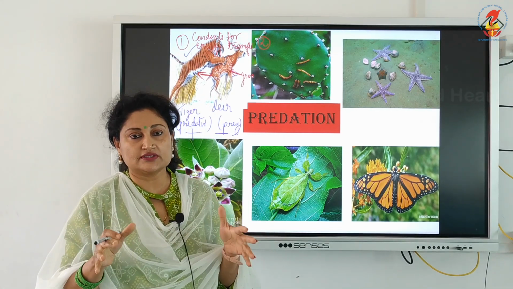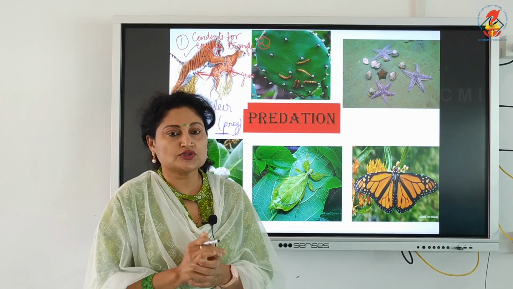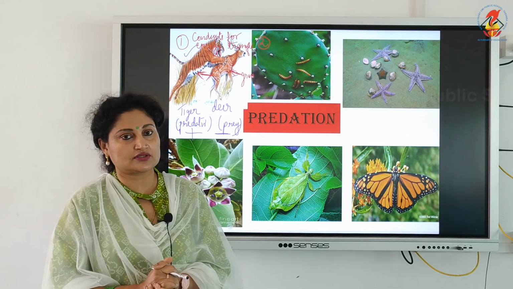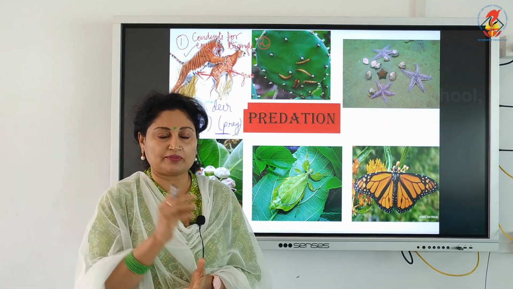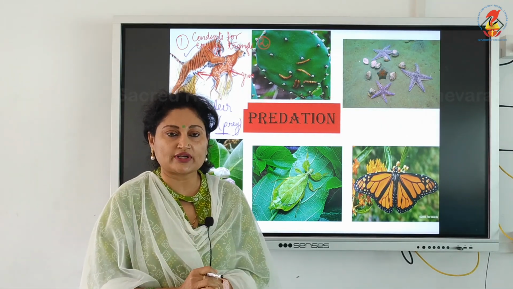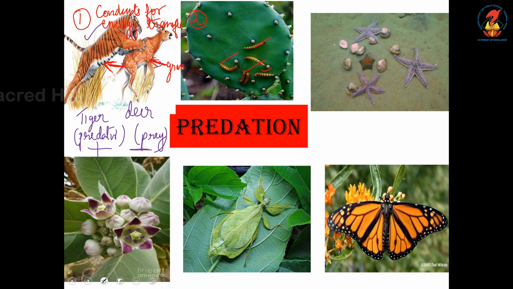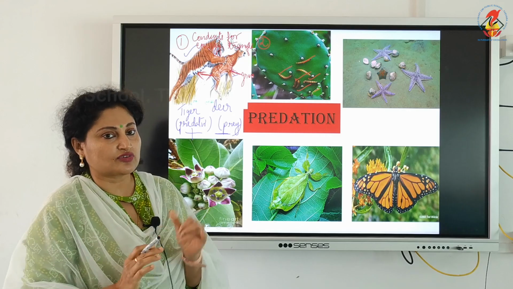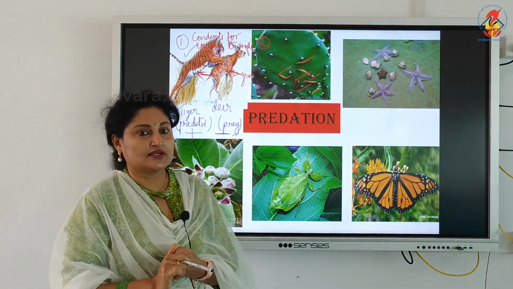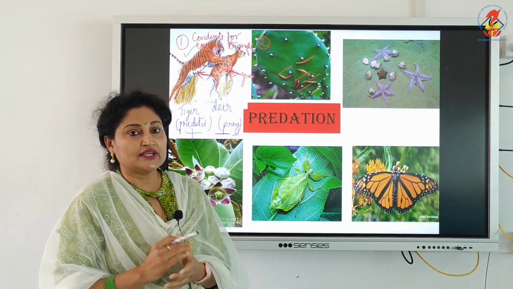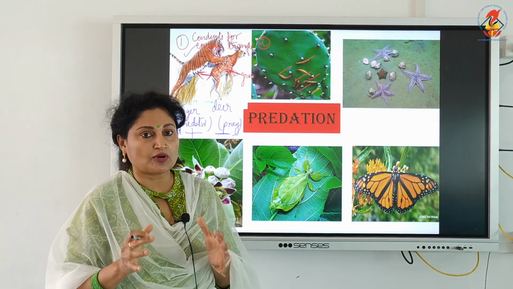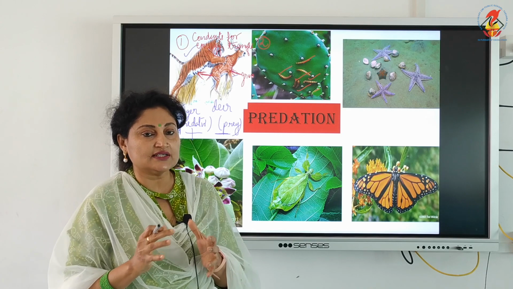They wanted to bring this population under control. So, for that they introduced a moth from its natural habitat into Australia. And what happened? The moth started feeding on the cactus and the population was brought under control. So, from this what you can infer is that predation helps in bringing the population of the prey under control.